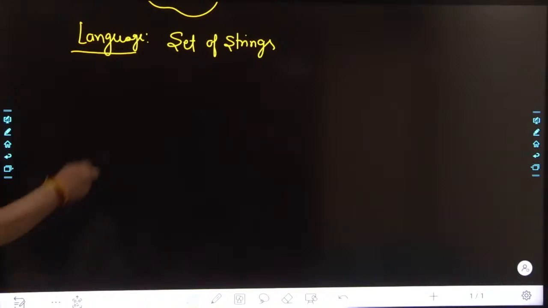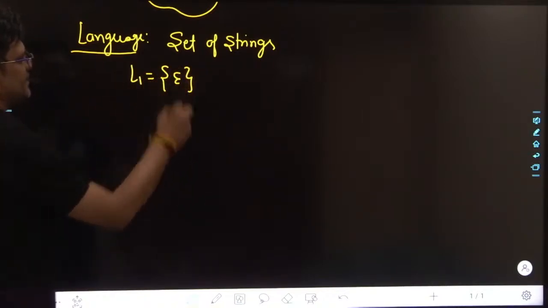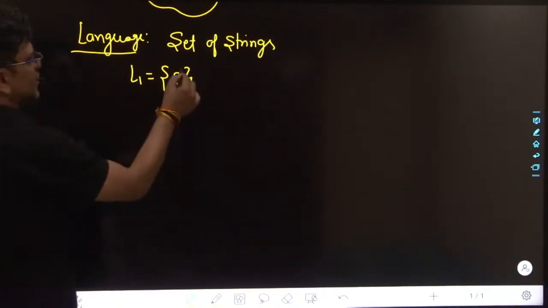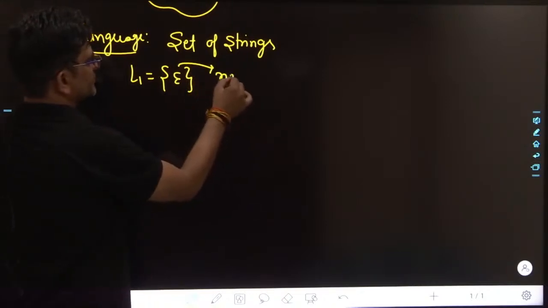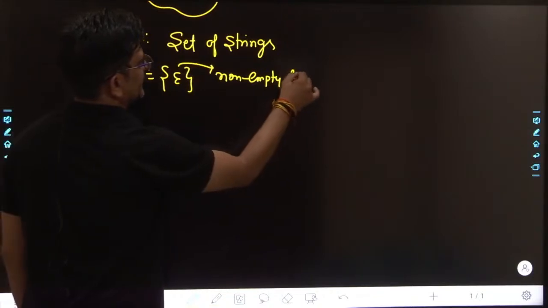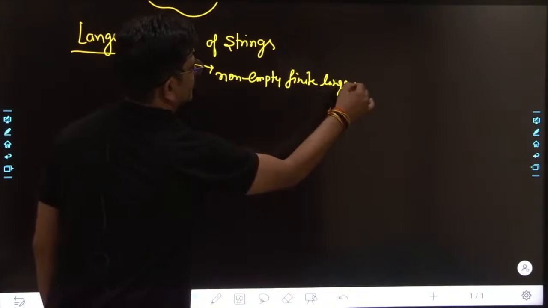For example, this language contains only the null string. So this is a non-empty finite language, finite because it contains only one string.